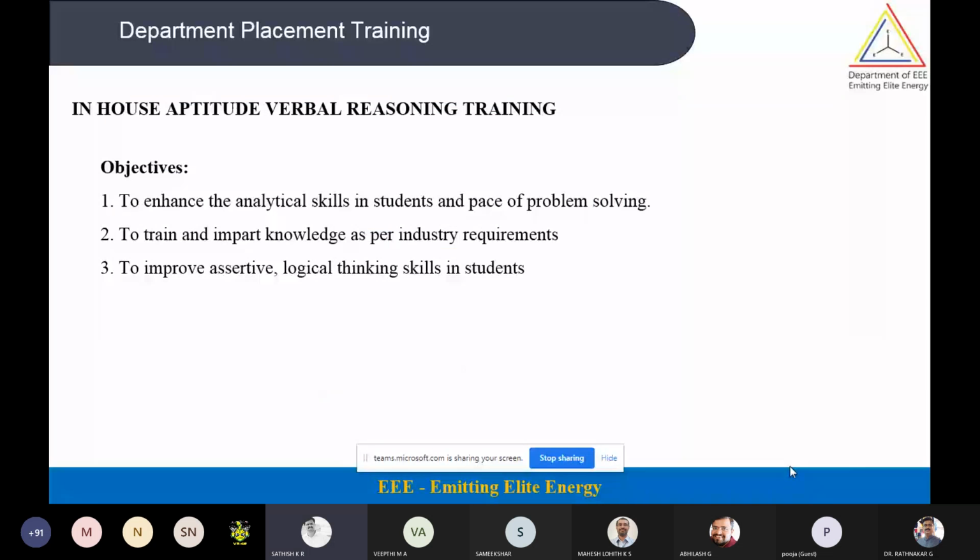Coming to the department placement and training, we have in-house aptitude verbal reasoning training. The objective is to enhance the analytical skills of students and their pace of problem solving, to impart knowledge as per industry requirement, and to improve assertive logical thinking skills.